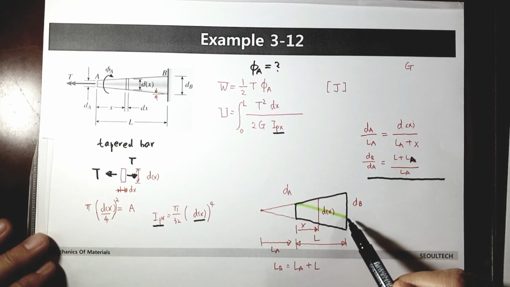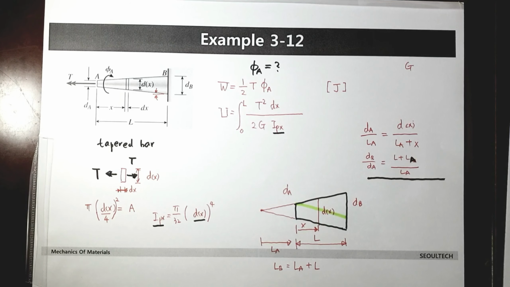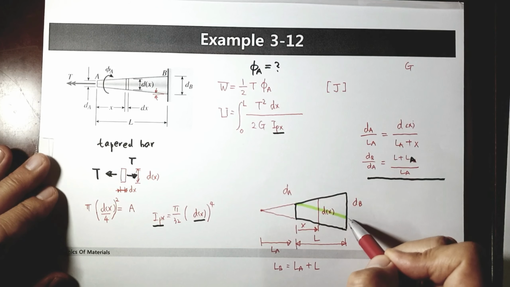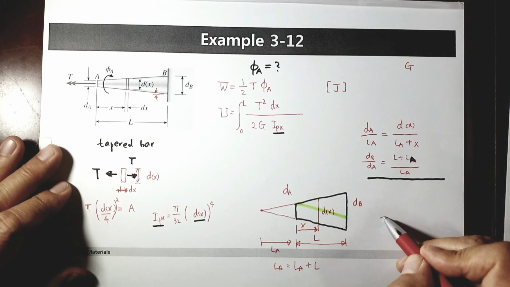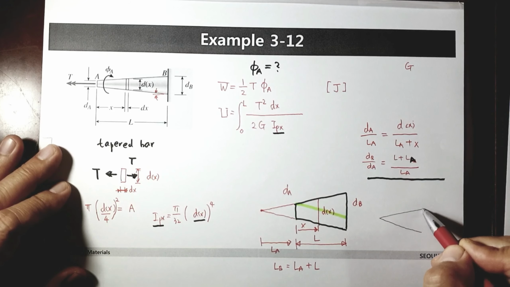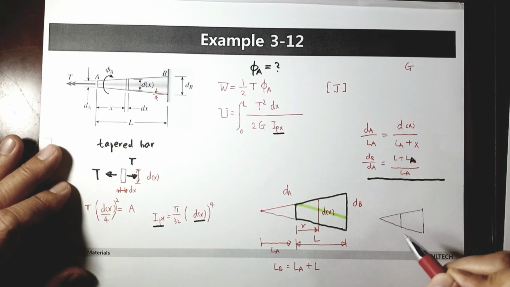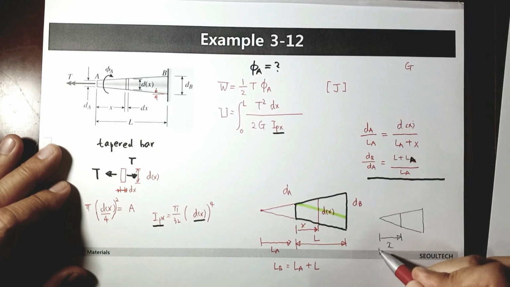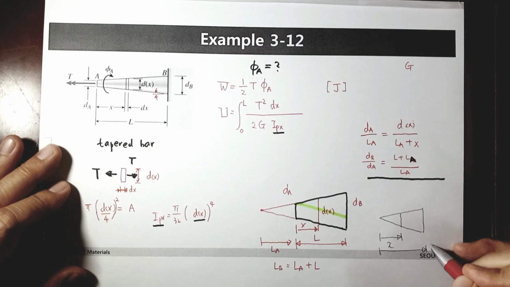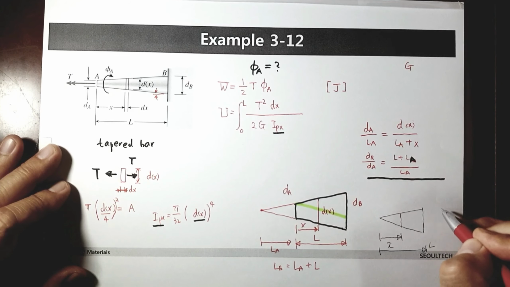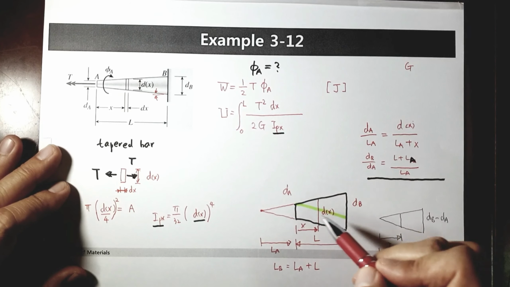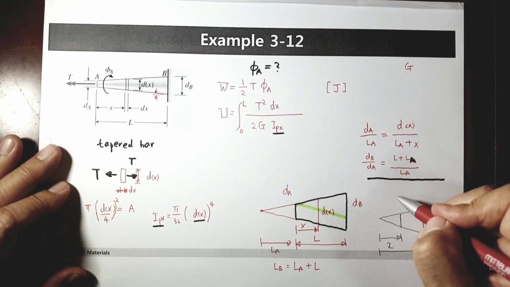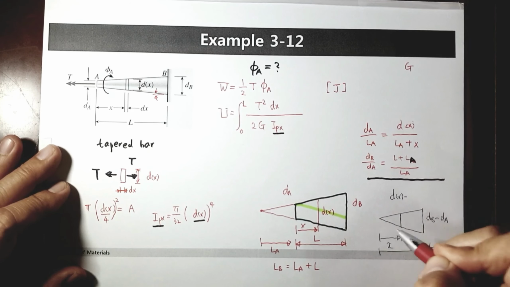When you think of inside this triangle, let's say its location is x, and the end of this point is L. This length is dB minus dA, and this one is dx minus dA.